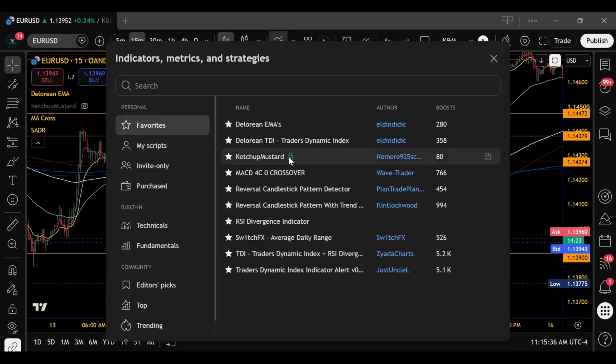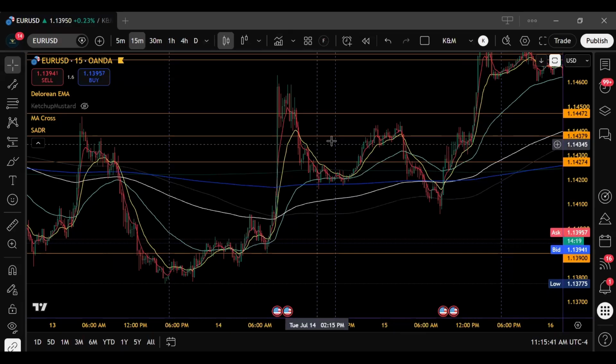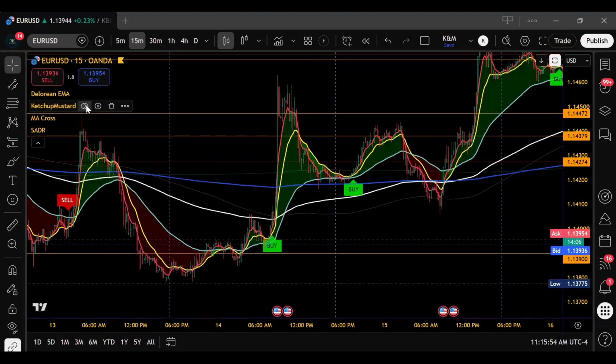As you can see here, it has a lock on it, so you'll have to be given access to use it. And the way I suggest people use it is that you will have to have a TradingView plan to receive alerts, but you don't have to have a TradingView plan to watch it in real time, and these will pop up.